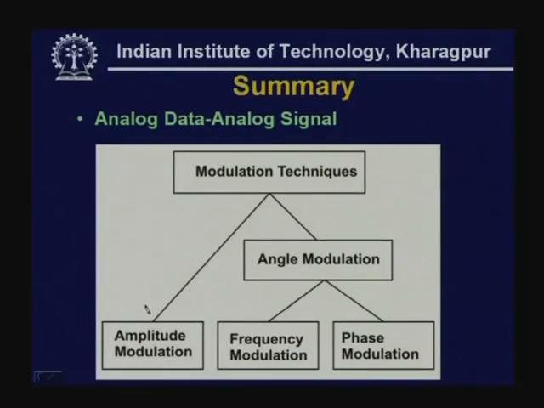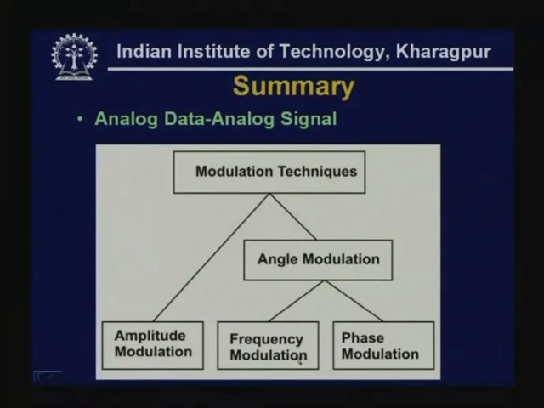AM signals, amplitude modulated signals, get corrupted by noise and disturbances, as it is our common experience. We find whenever it is cloudy or it is raining, when there is lightning, there is lot of disturbances. On the other hand, the FM signal does not get that much noise because frequency is not affected. However, the bandwidth requirement is much higher for FM signals.